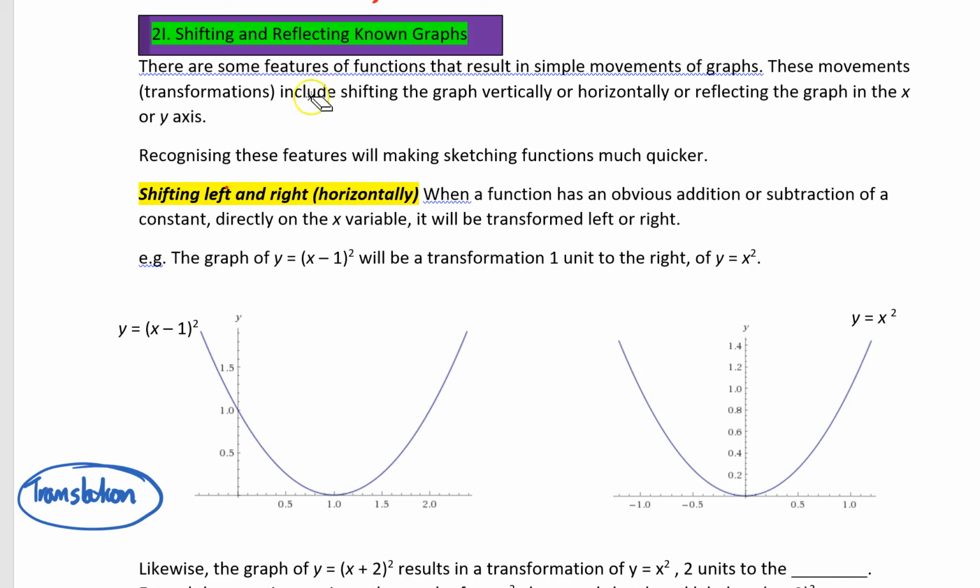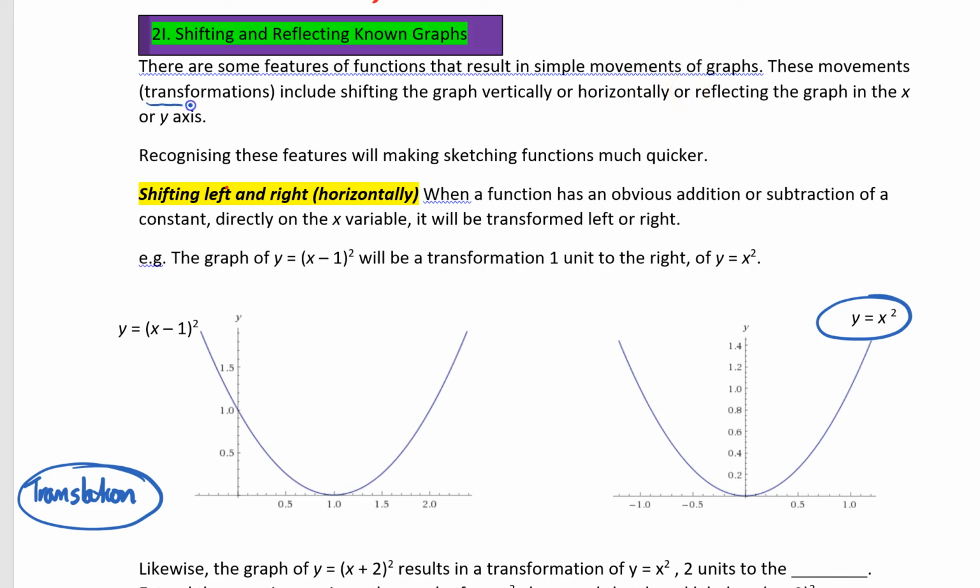So it says here, there are some features of the function that result in a simple movement of the graph from its original position, from its most basic. And so I would say this is the very basic parabola. And then if we make a change to this, then we see a movement of the graph.